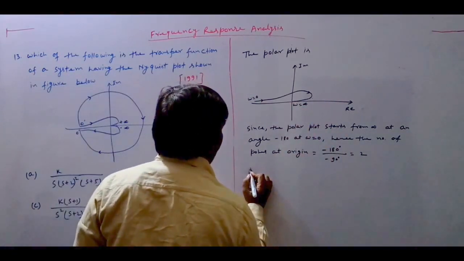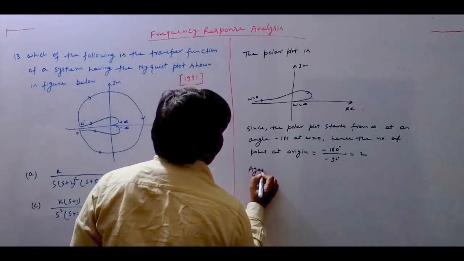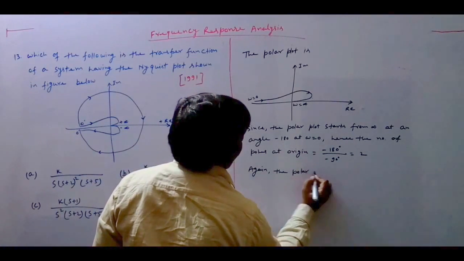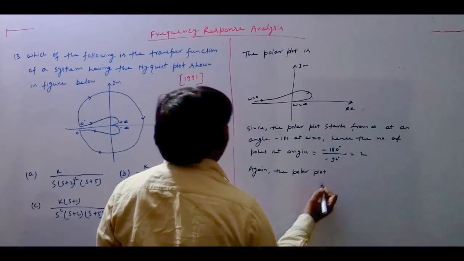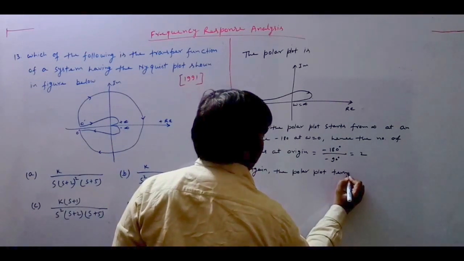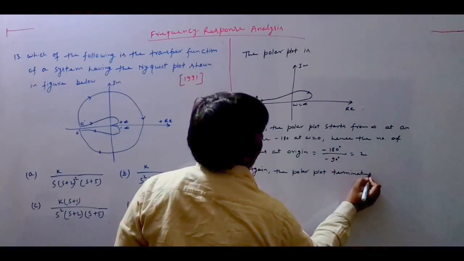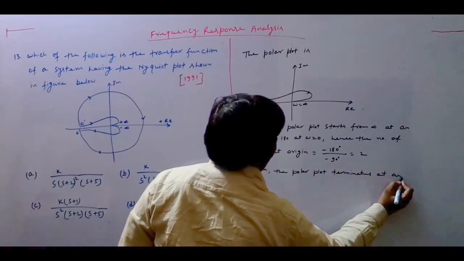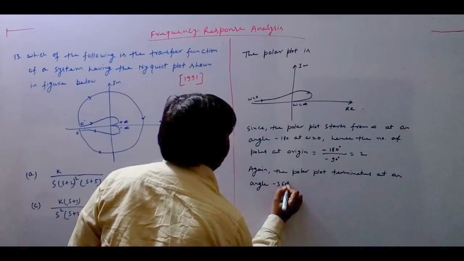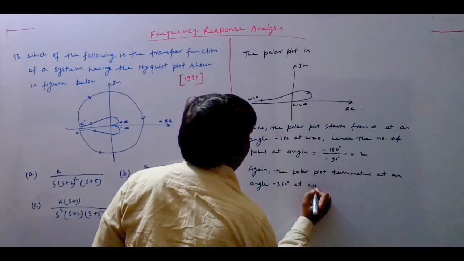Again, the second point is the polar plot terminates at angle minus 360 degree at omega equal to infinity.